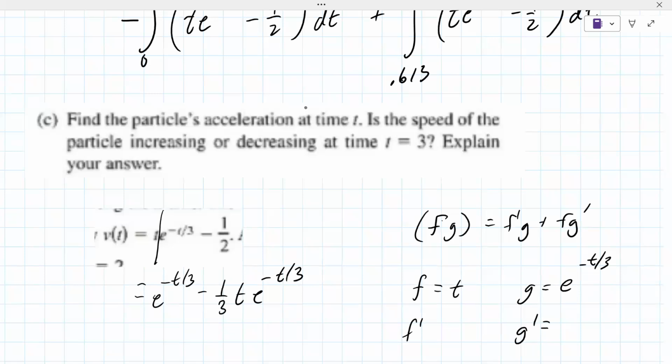Very good. Okay. So that is the acceleration as a function of time.